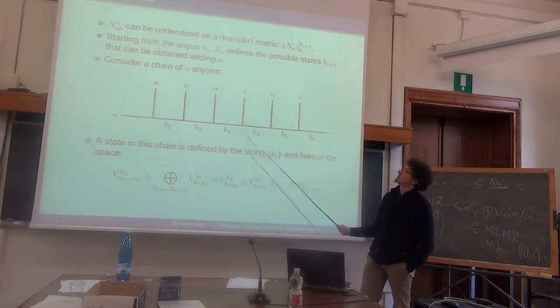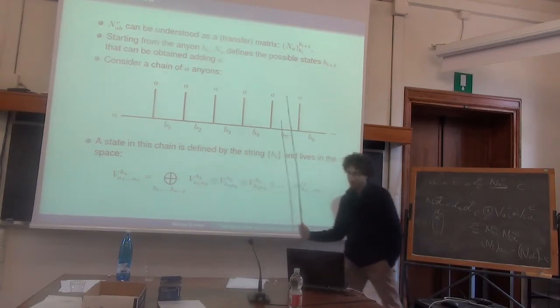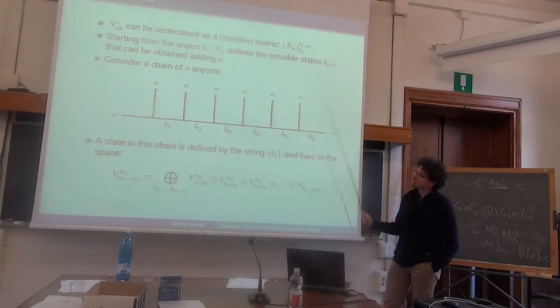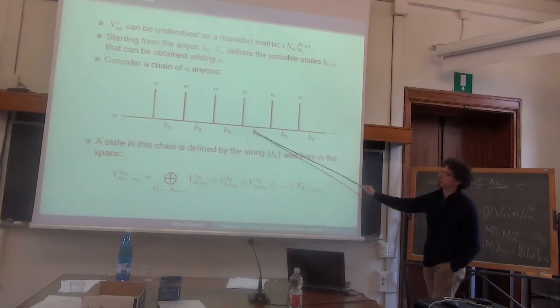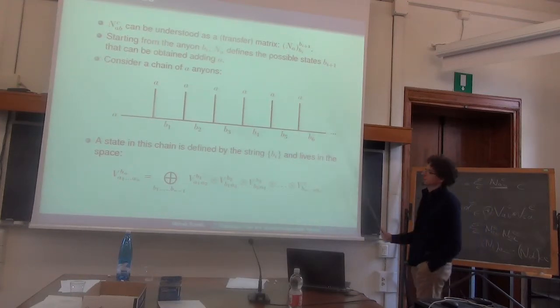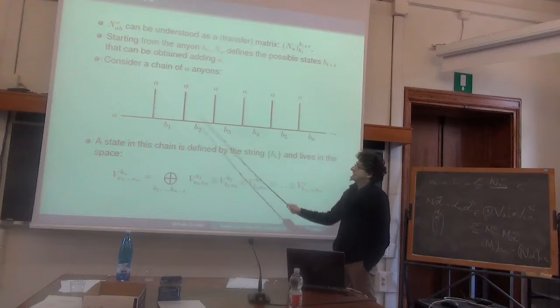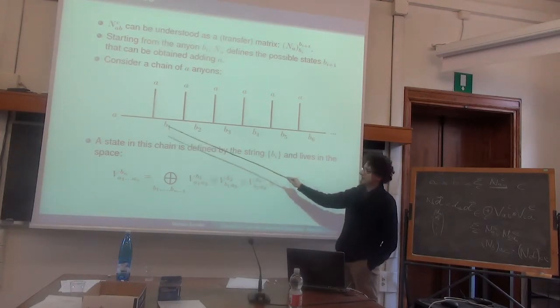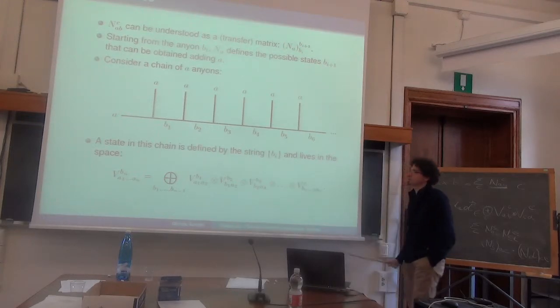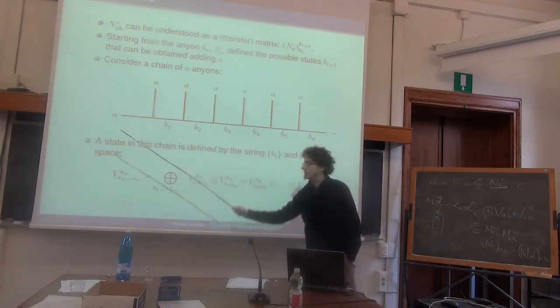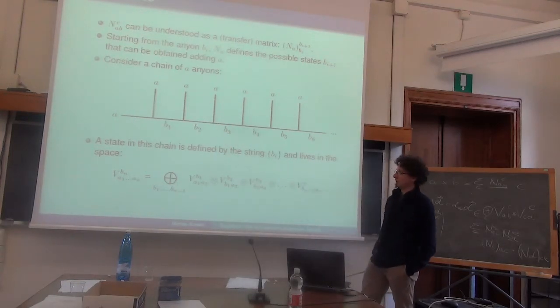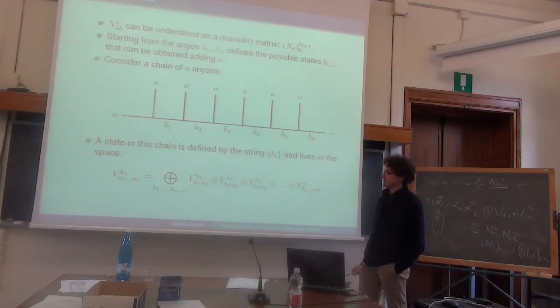So essentially, if I consider this system, I can define one of the states of this system by labeling all the partial total topological charges of the system. Essentially, I take the total topological charge up to a certain point. By varying B1, B2, B3, and so on and so forth, I obtain a basis which allows me to describe all the states of this model, essentially.